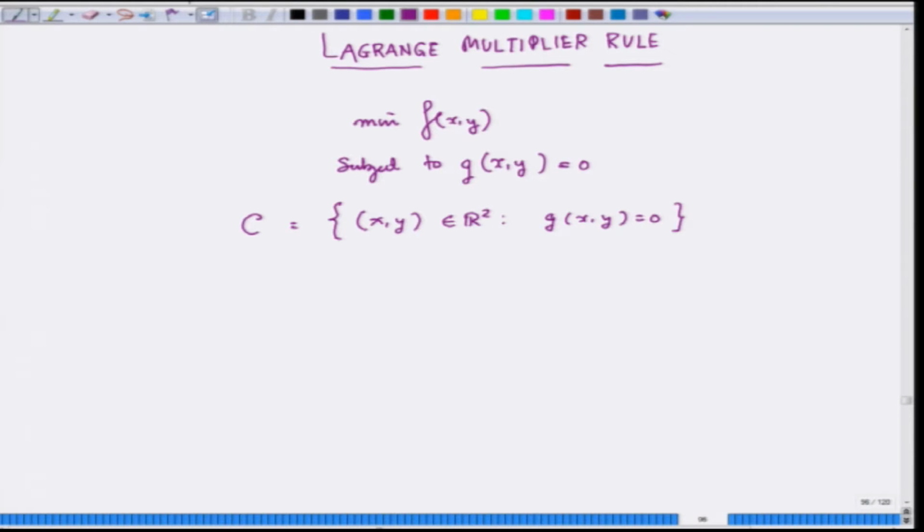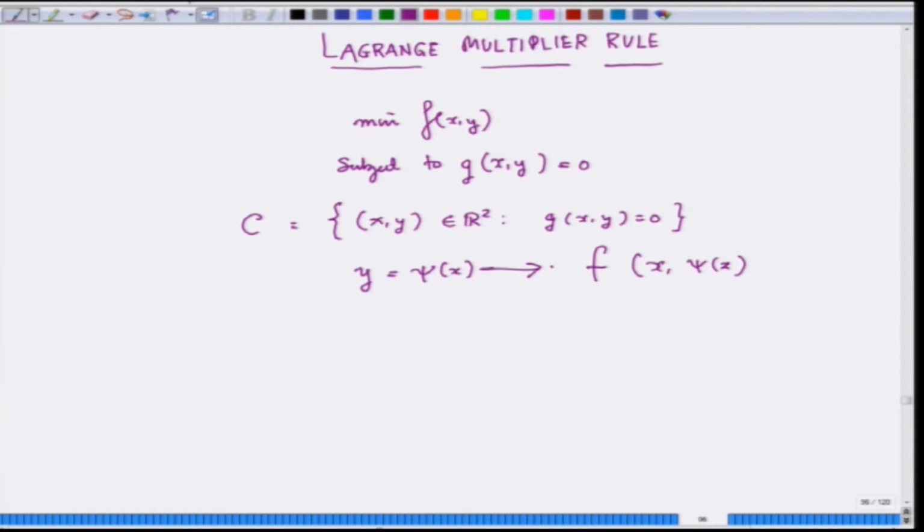How would you go ahead and solve this? The key idea of solving this is the following, and that is quite natural. Suppose by a stroke of luck the function g(x, y) is such that y can be written as some function psi of x. Then you can put back, instead of y in f, psi of x.